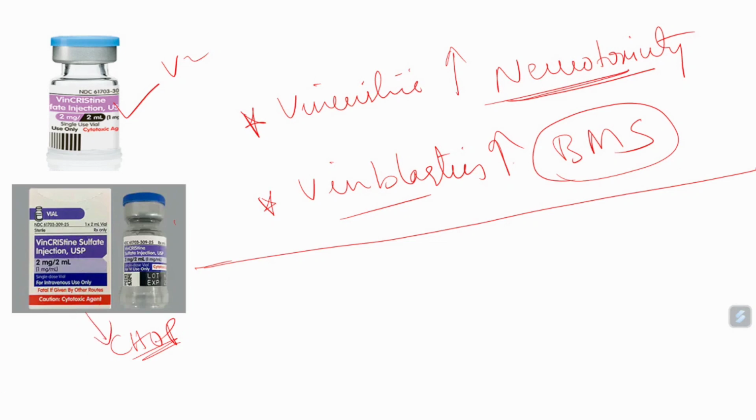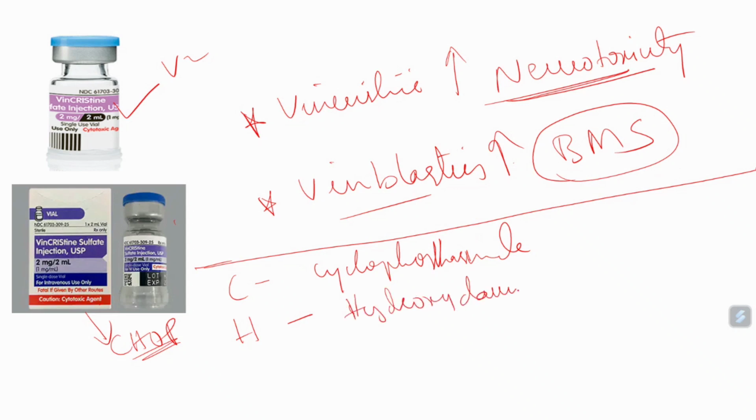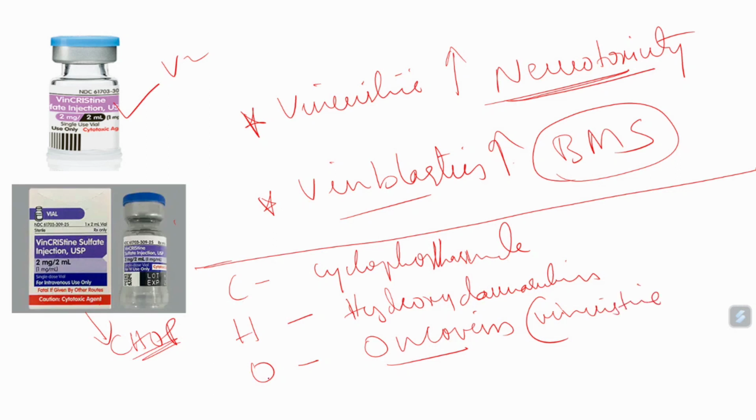In CHOP, C indicates cyclophosphamide, H indicates hydroxydaunorubicin, an anti-cancer antibiotic, O indicates Oncovin, which is the brand name, and its generic name is vincristine, and P indicates prednisolone.